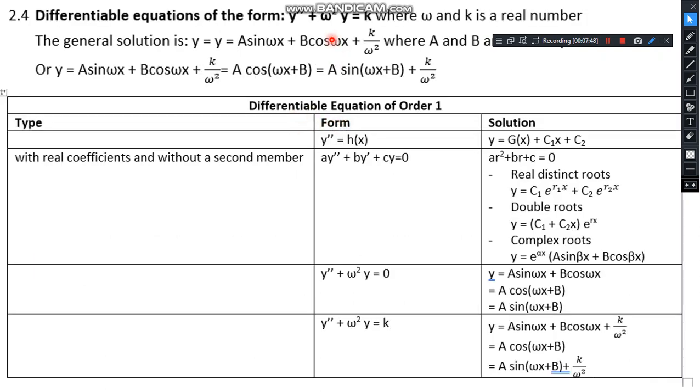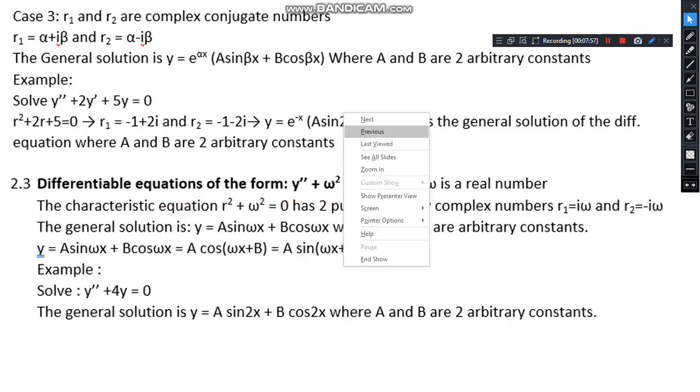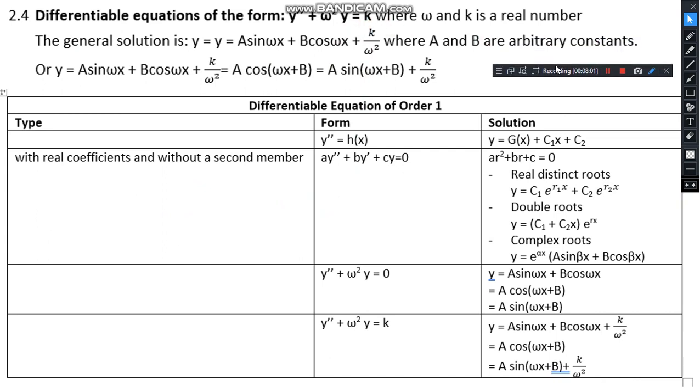If you have y'' + w^2 y = k, before it was equal to 0. If you have the same but equal to k, the solution will be the same, and you add to it k over w^2.